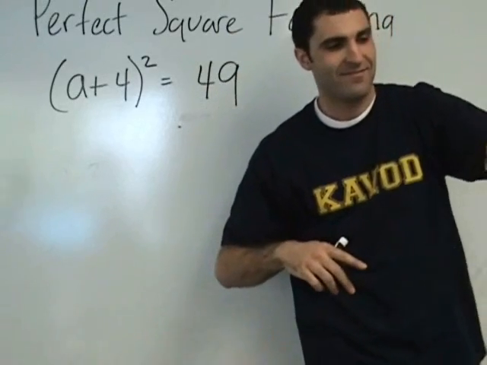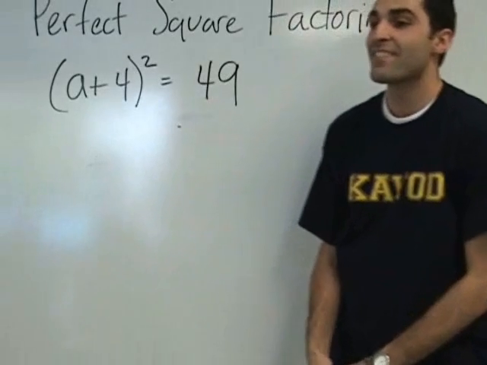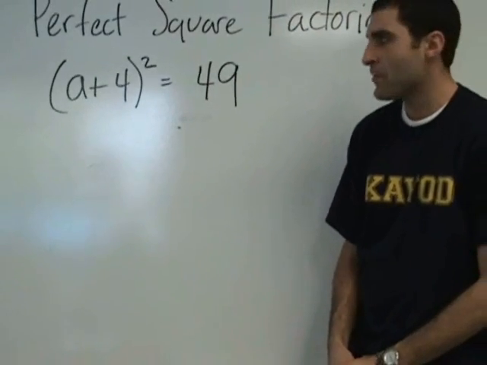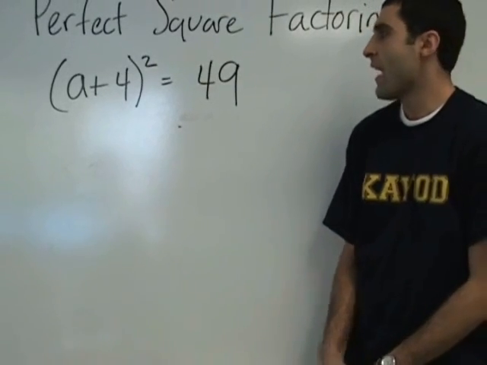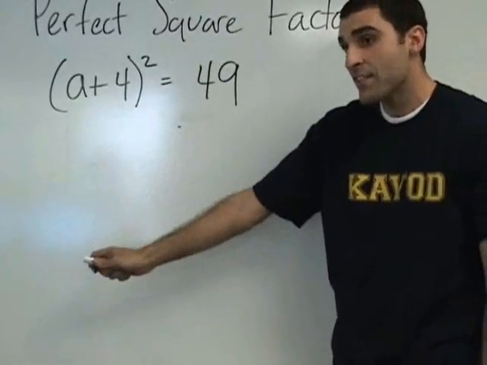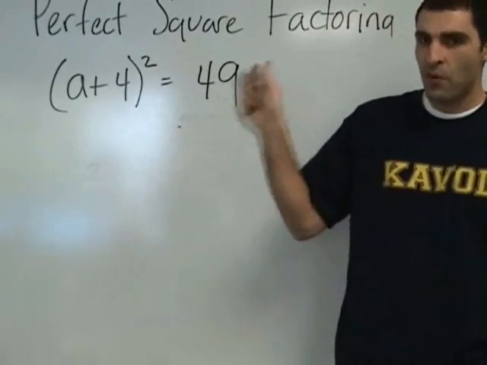Okay, a + 4 and a + 4. We can do a + 4 twice, FOIL it out, and then subtract 49, and then factor, and then solve. That is one way to do it.